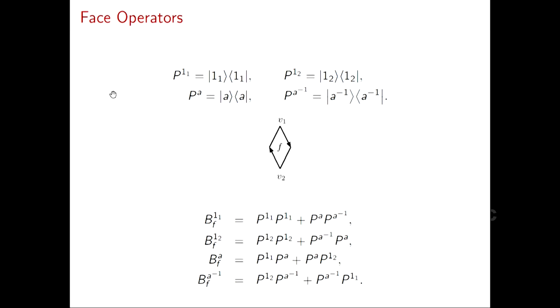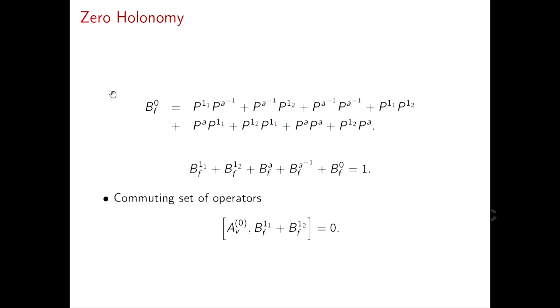However, if I add these 4 operators, which are all orthogonal to each other and by construction are projectors, I will not get the identity. If you want to get the identity, I have to include this other projector, which will project to the zero flux. It will include all those configurations which cannot be multiplied in the groupoid algebra.